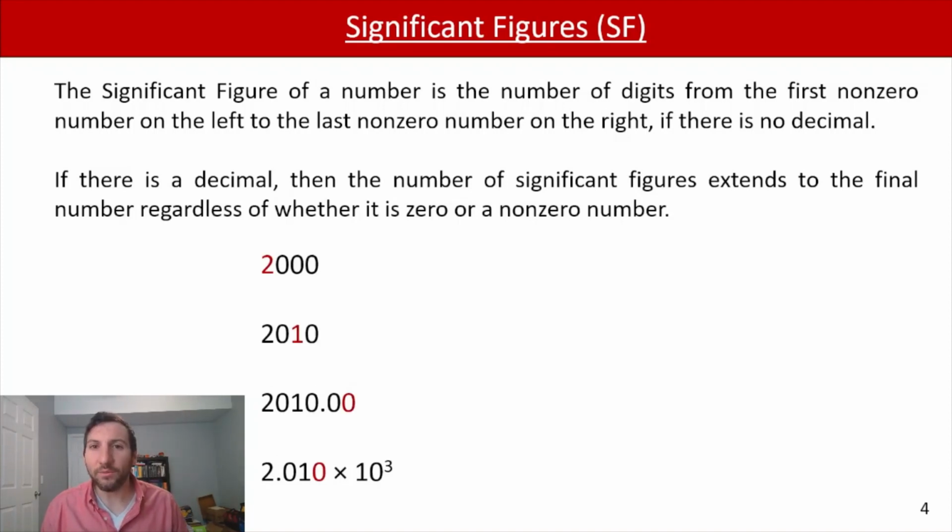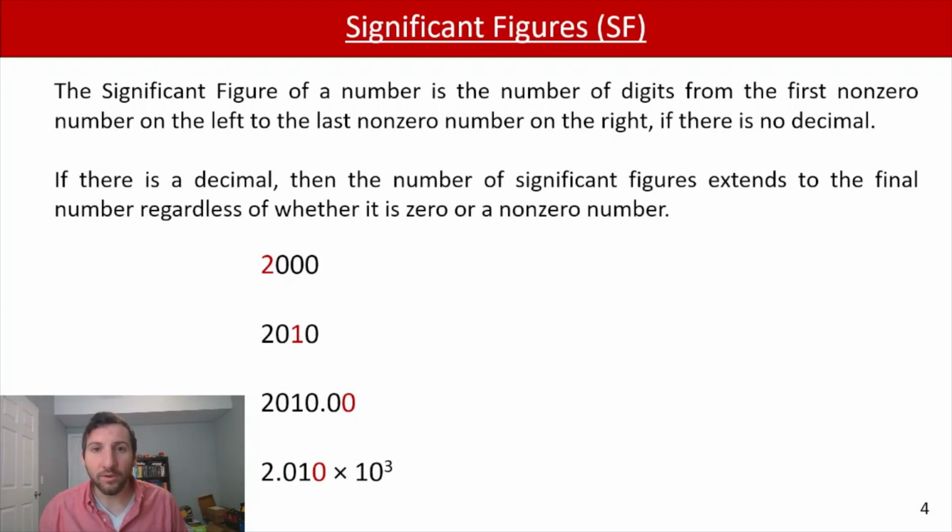As you see with 2000, I'm going to have 1 significant figure. In the 2010, I'll have 3 significant figures because I start at the 2 and I migrate over to the 1. In 2010.00, I end up having 6 significant figures because I have a decimal point, so I'm going to include all of the digits in my significant figure evaluation.